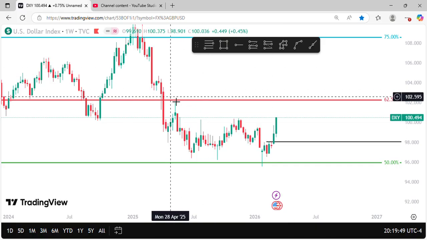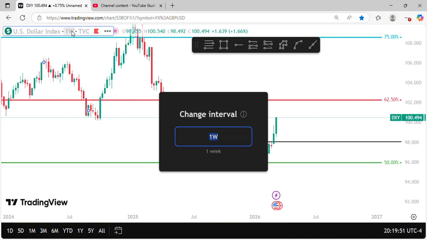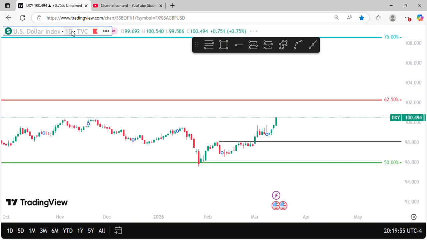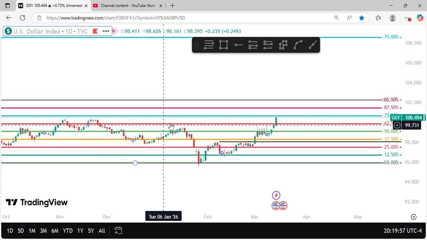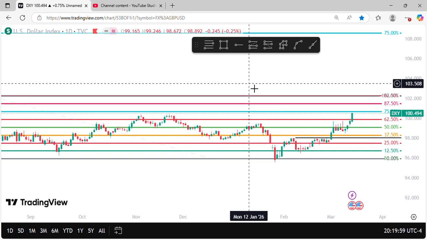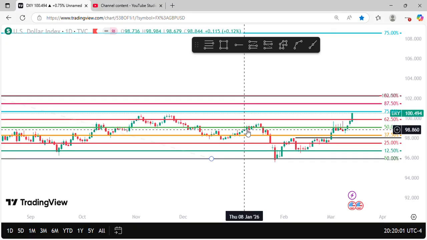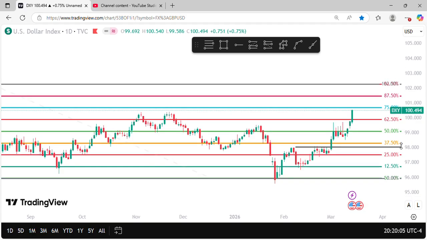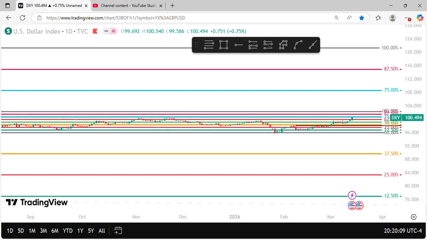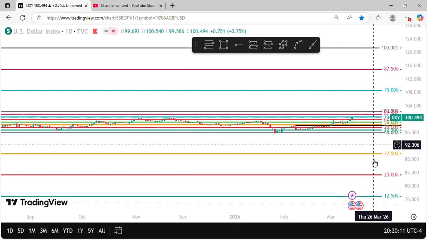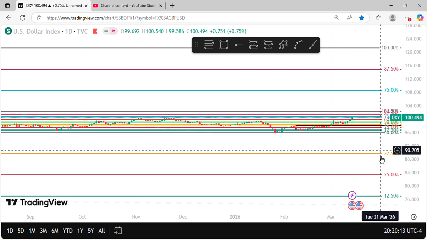And we are going further up, and that is fine because I do not trade the dollar index, but I focus on Euro USD and GBP USD. Looking at this, this is the 37.5 DRT level.